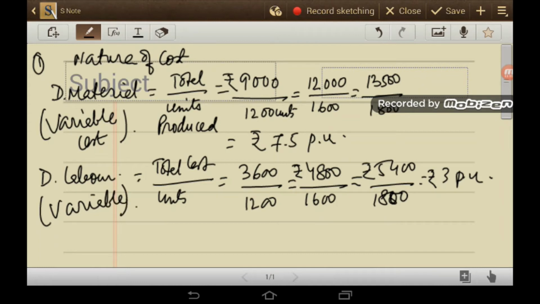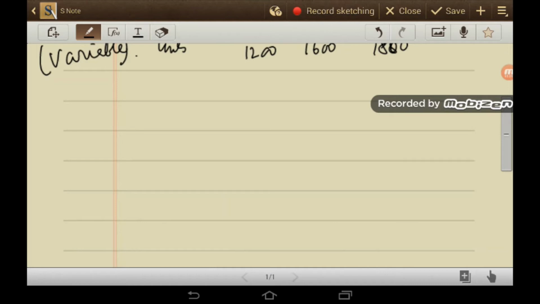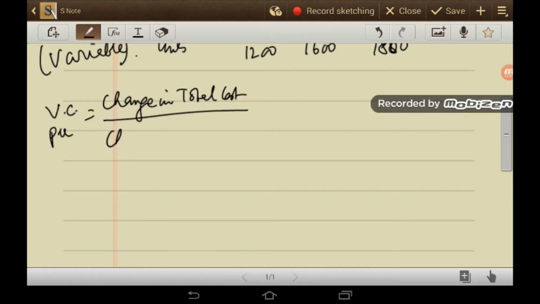Now what about the factory overhead? This is semi-variable cost. So you need to segregate the semi-variable factory overhead cost into fixed cost and variable cost. How to calculate the variable cost per unit from semi-variable cost? Variable cost per unit is equal to change in total cost by change in output.